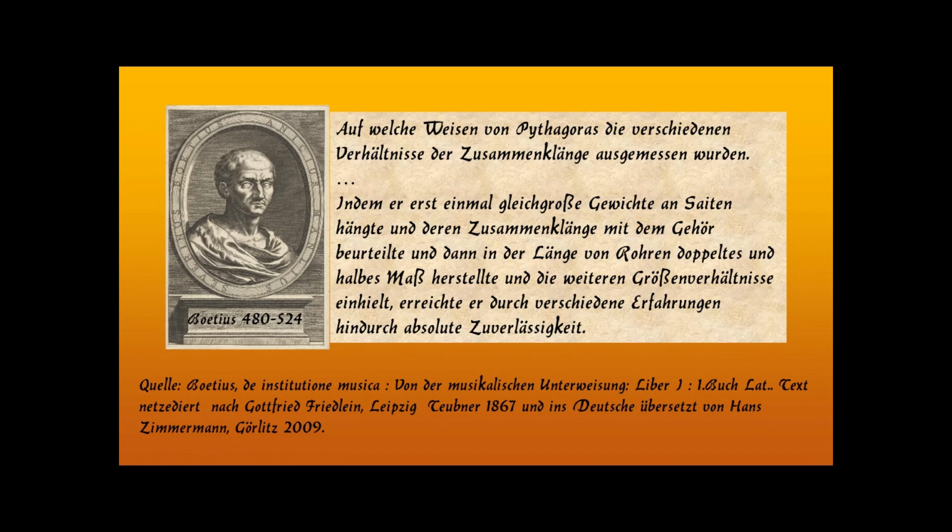I will quote again an early source of the blacksmith legend: Boetius, a Roman philosopher at the turn of the 5th to 6th century. He writes in De Institutione Musica how Pythagoras measured the various proportions of harmony, by first hanging weights of equal size on strings and judging their harmony by ear, then making pipes of double and half size and maintaining the other proportions, he achieved absolute reliability through various experiences.